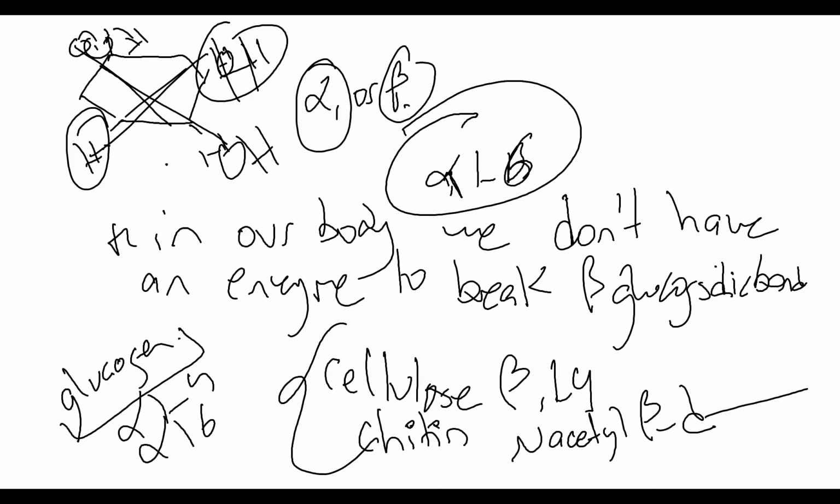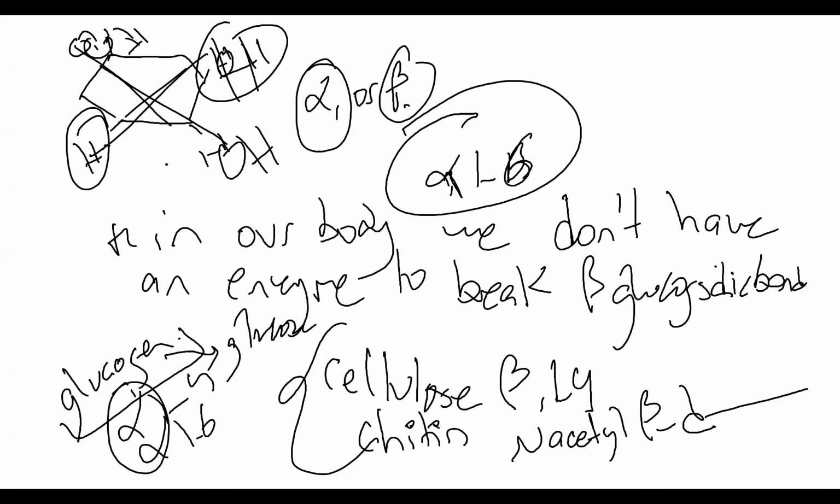Why did the body choose to store glycogen and not cellulose or starch? Because glycogen is made up of alpha, and our bodies can easily break down alpha bonds to form glucose when we don't have high glucose in blood. However, when we have high glucose in blood, what happens? The glycogen will start forming.